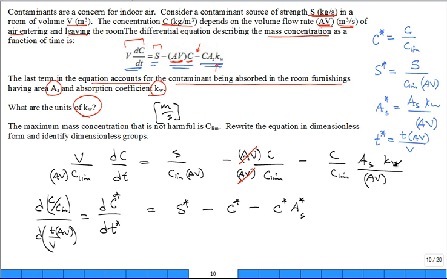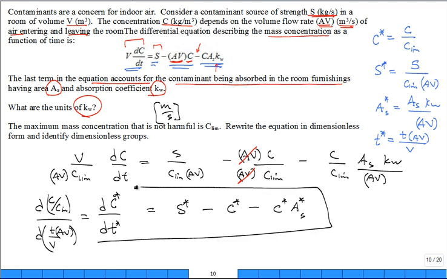So I have dimensionless time, and there's my equation. There is my physical equation re-expressed in terms of dimensionless quantities. And here are my 4 dimensionless quantities. All right? Make sense?